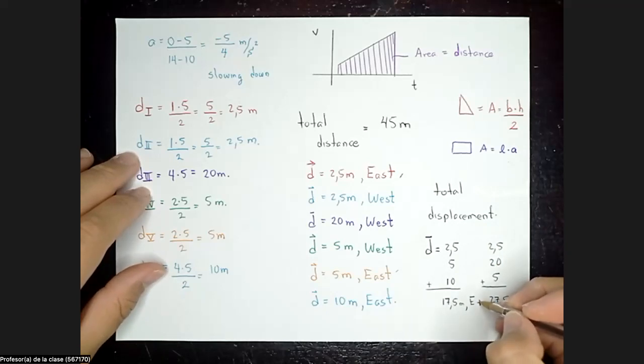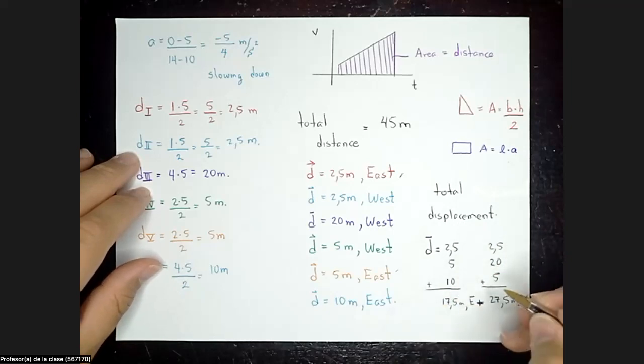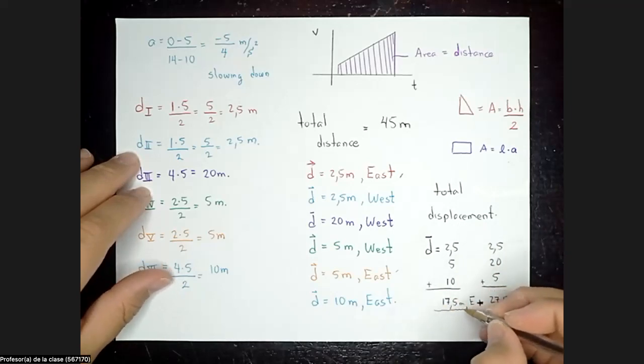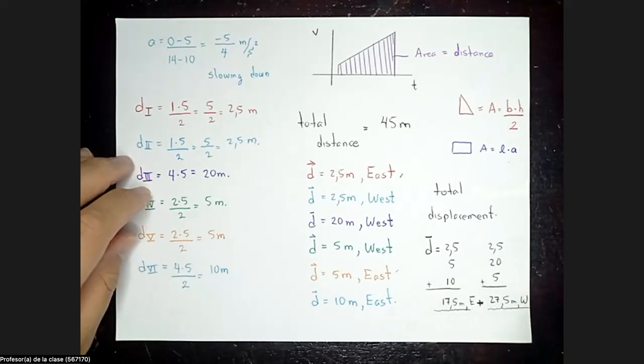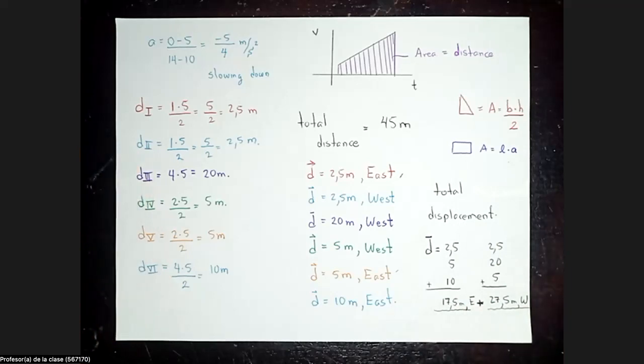Now we have to do an addition for these two different displacements. But remember that if we have two vectors with opposite direction, that will be a subtraction.